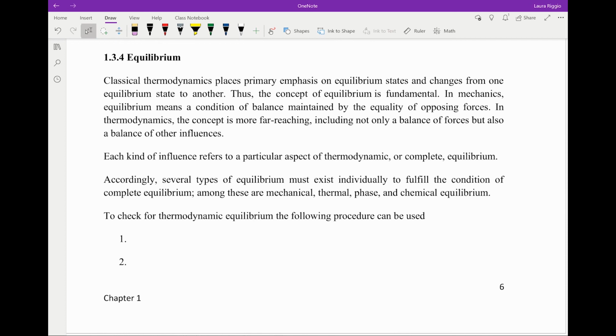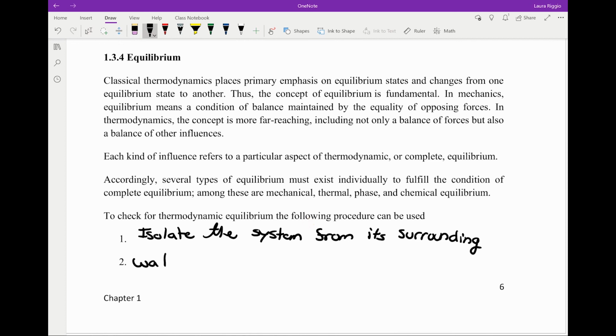So to check for equilibrium, what do we do? Well, first we isolate our system from its surroundings, and then we watch for changes in its properties.